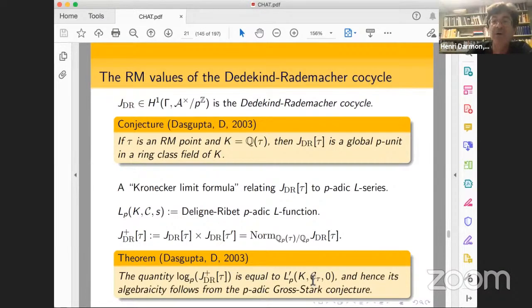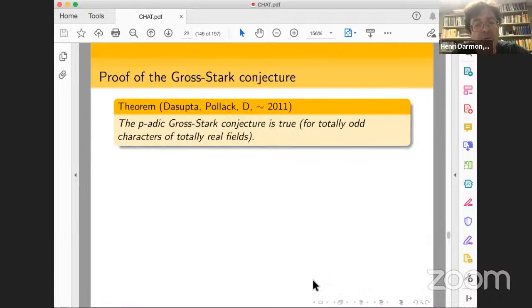And therefore, one could say something about its algebraicity. The algebraicity was actually a consequence of the p-adic Gross-Stark conjecture. And that kind of connection led us to being very interested in the Gross-Stark conjecture.